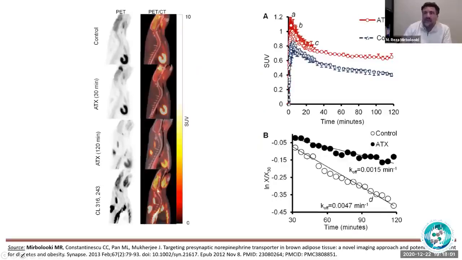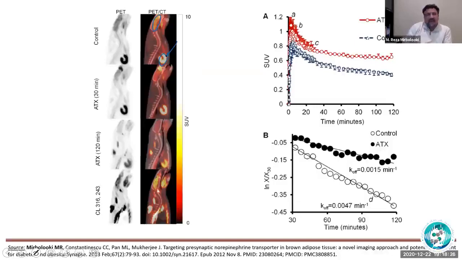So in a control group, when we inject the F18-FDG, we see lots of accumulation around the heart, or in the cardiac muscle, which makes sense. Brain and cardiac muscles get the highest amount of F18-FDG activity, and that's because it's postprandial.